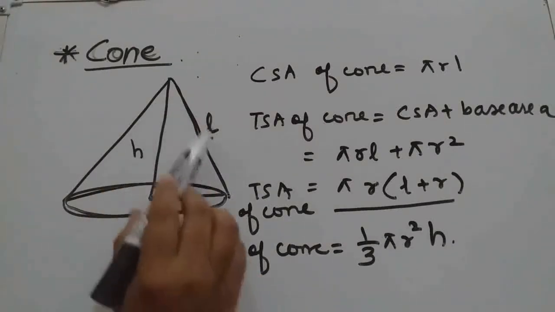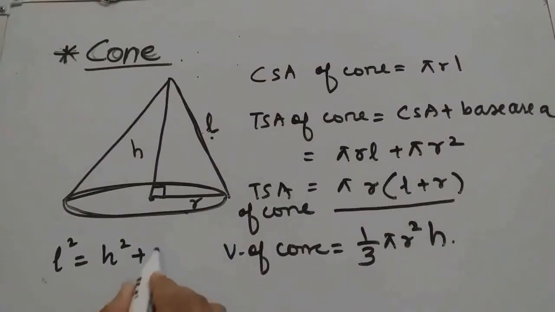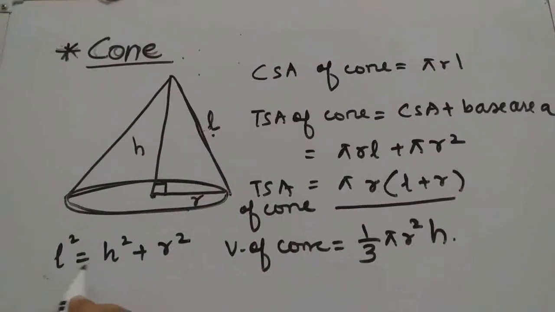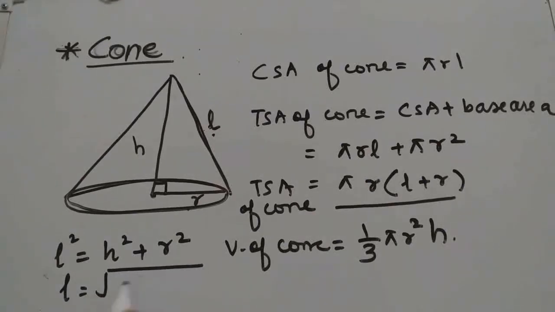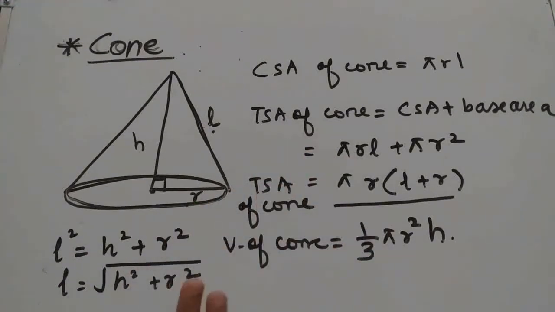So after applying Pythagoras theorem, we can write L square is equal to H square plus R square, or L we can write as square root of H square plus R square. So given any two values, we can find the third one. If H and R are given in the question, we can find L, and if L and H, then we can find R. So these all are the formulas related to cone.